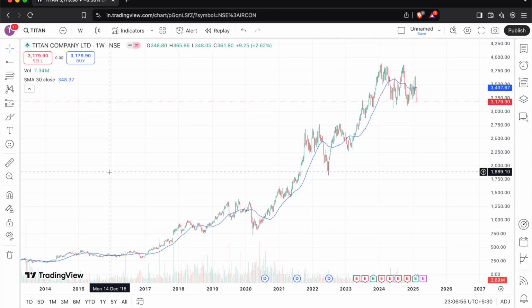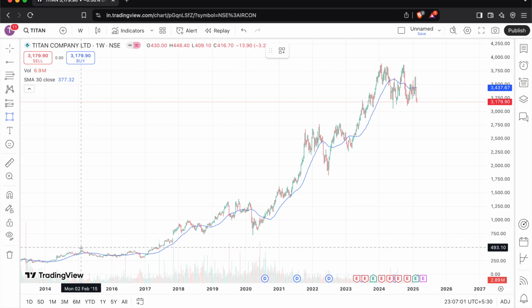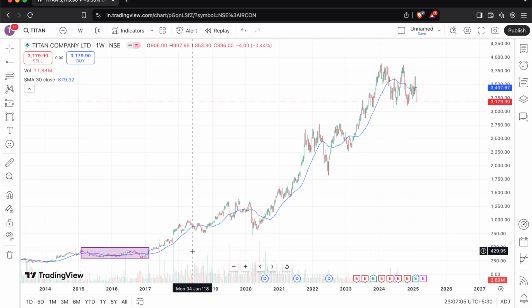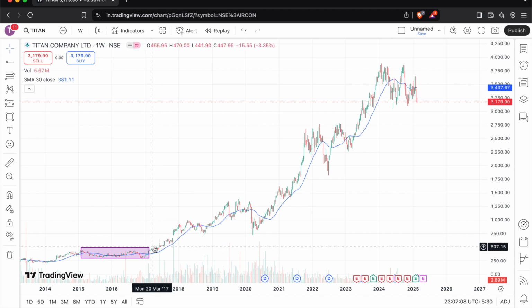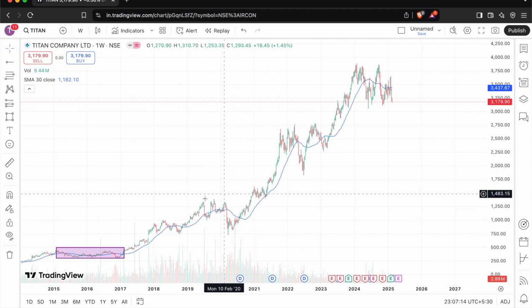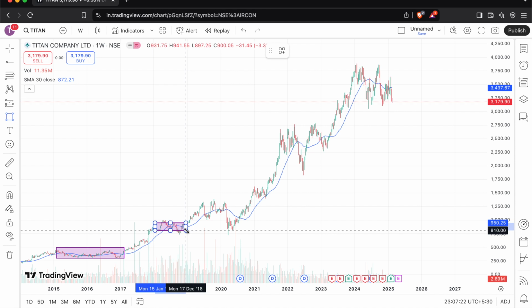Let's look at Titan. This is stage 1. This is the stage 1 breakout into stage 2, and in stage 2 it's forming several bases.